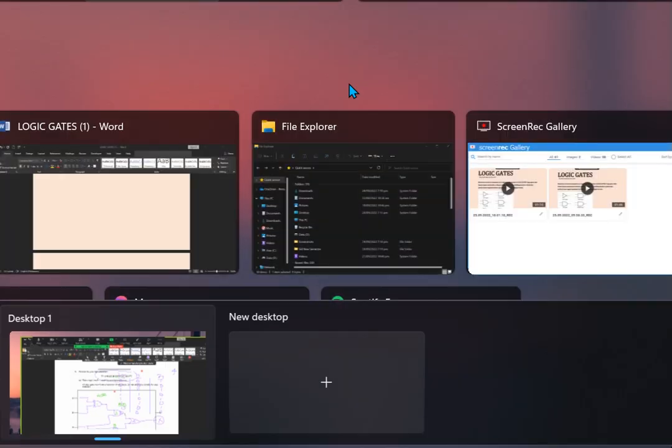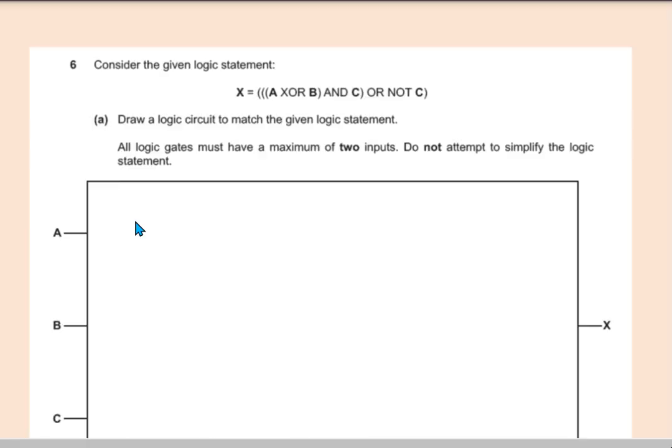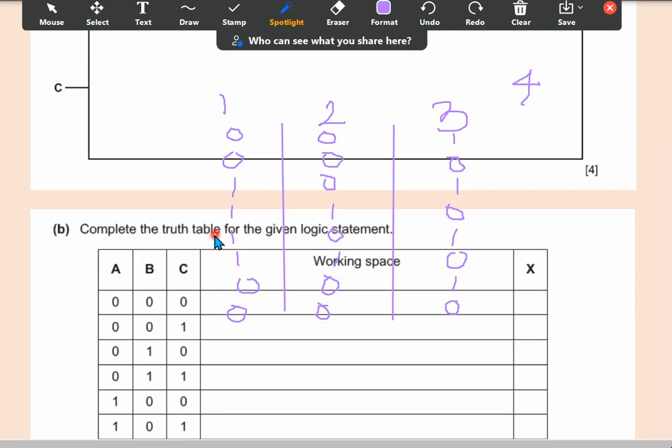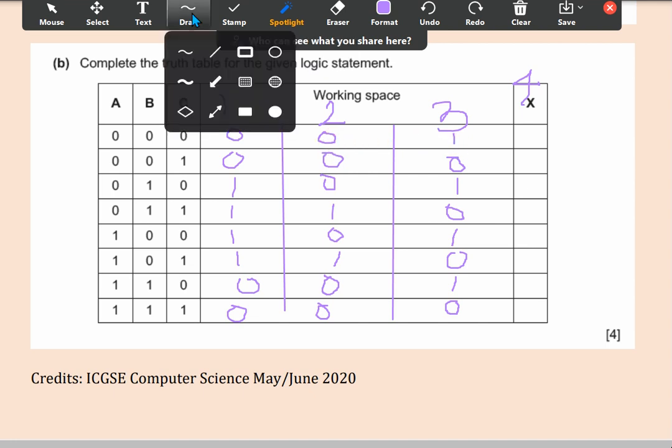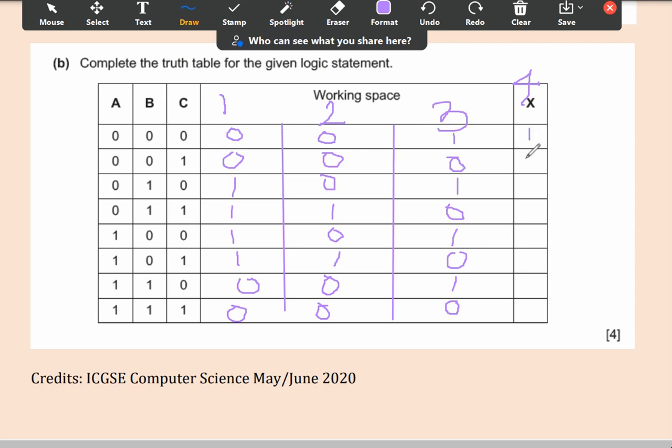So we'll refer to gate number 2 and 3 and get the OR of those two gates, adding the inputs of gate number 2 and gate number 3. So that's going to be equal to 1, this is 0, this is 1, this is 1, this is 1 again, this is 1, this is 1, and then this is 0.